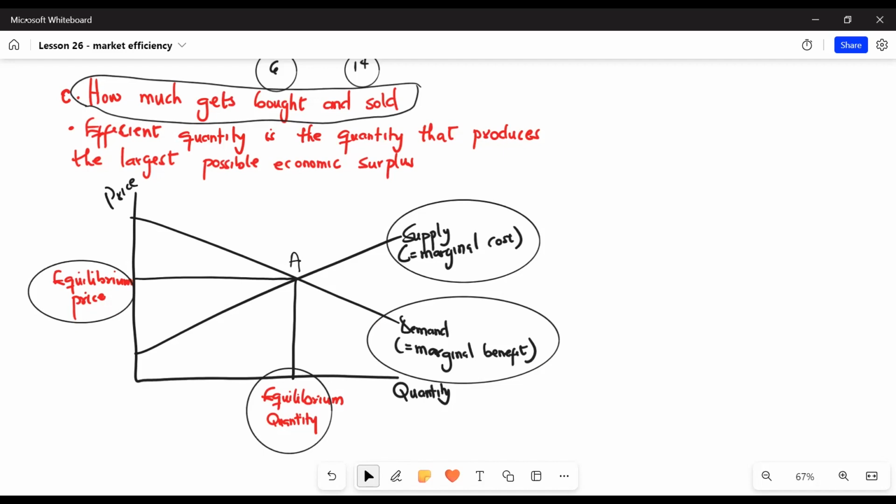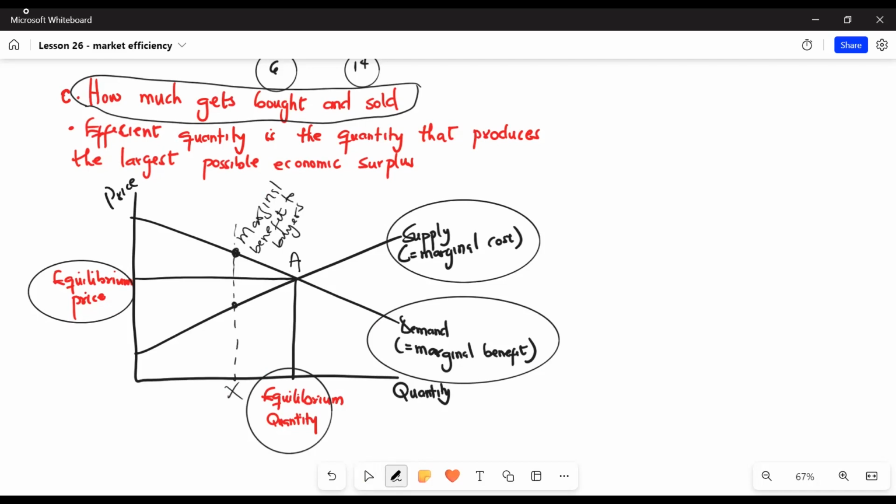At quantities less than the equilibrium, the marginal benefit to buyers of another good exceeds the marginal cost to sellers. Now let's look at this on the curve. If there is a quantity below the equilibrium quantity, then at this quantity, this point is the marginal benefit to buyers.